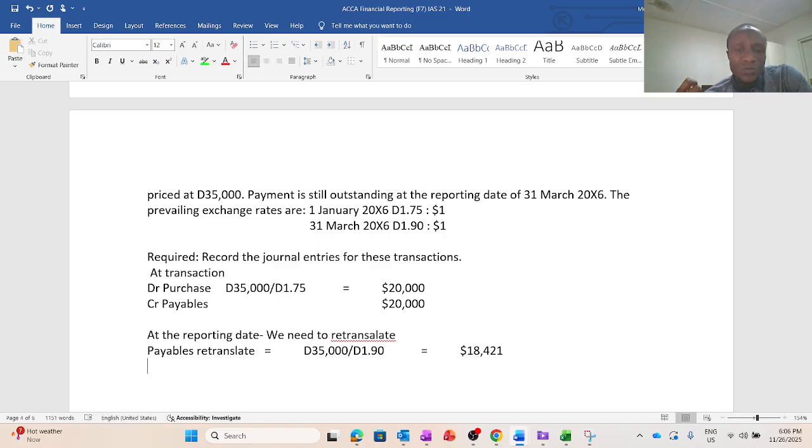So now we need to account for the decrease in the payables balance. So the difference will be the decrease in the payables balance, which is the $20,000 minus the 18,421.